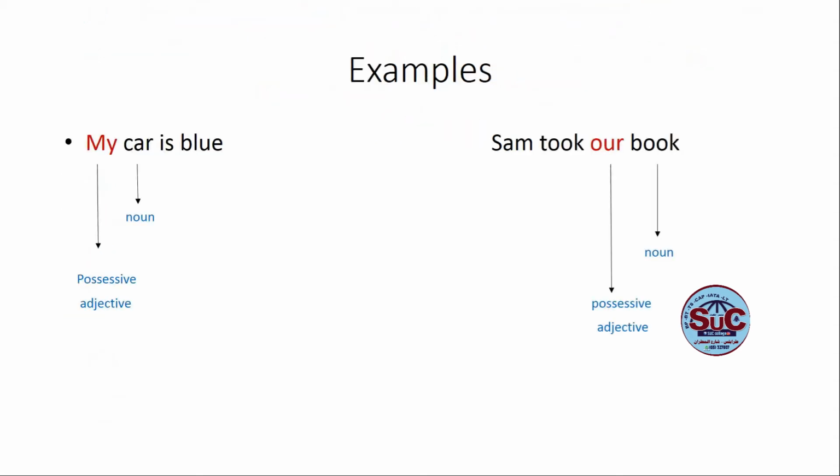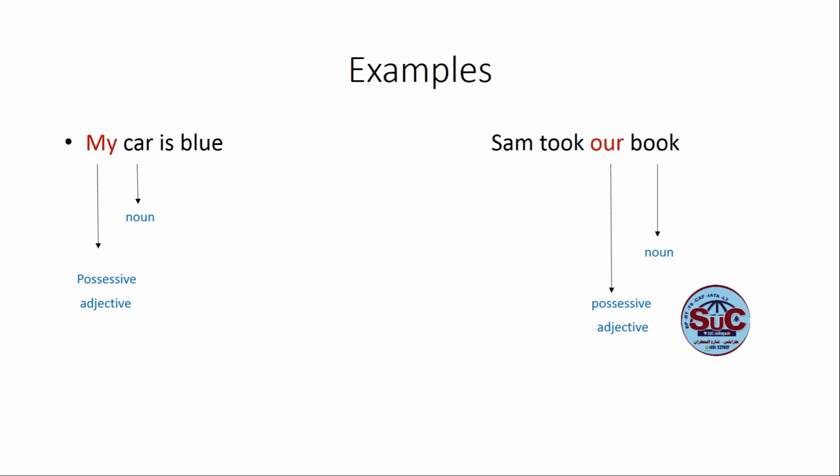The possessive adjectives, to be completed in meaning, have to be followed directly by a noun. If I remove the noun from the sentence, it becomes meaningless. As an example, when I say my car is blue, my is the possessive adjective. Directly after it, we have the car. Car is a noun.